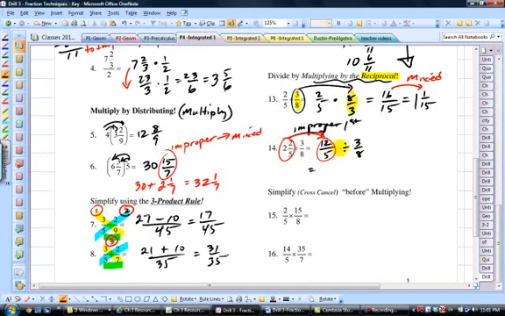Okay, we're back now. I'm going to take 12/5 times 8/3. Let's see if there are any canceling opportunities. I see one here. 3 divided by 3 is 1. 3 into 12 is 4. 4 times 8 is 32. 5 times 1 is 5. 5 divides into 32 six times with 2 remaining, so 6 2/5.